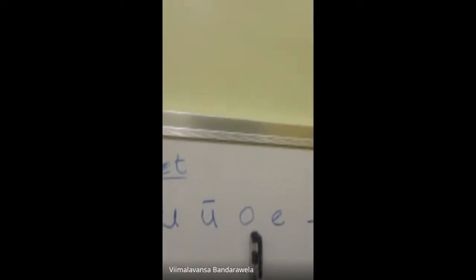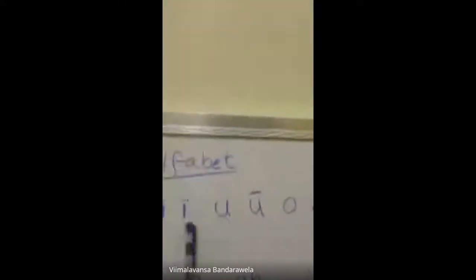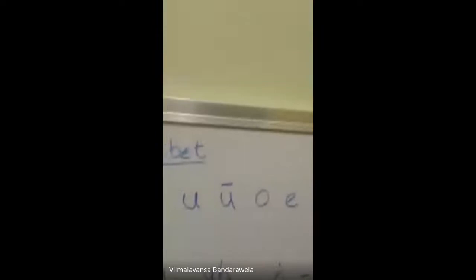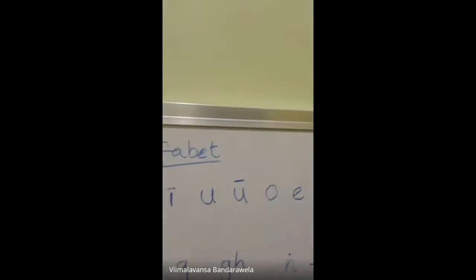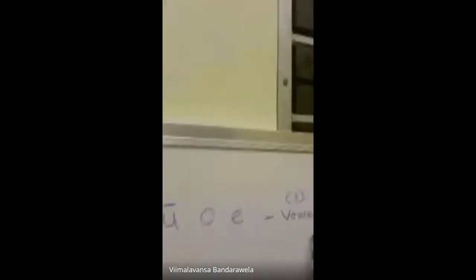Long o. Then a, i, u, o, in that way, you want to remember this. Those are the 8 vowels. Only 8 vowels. Okay, Bhante. Right. Only 8 vowels.